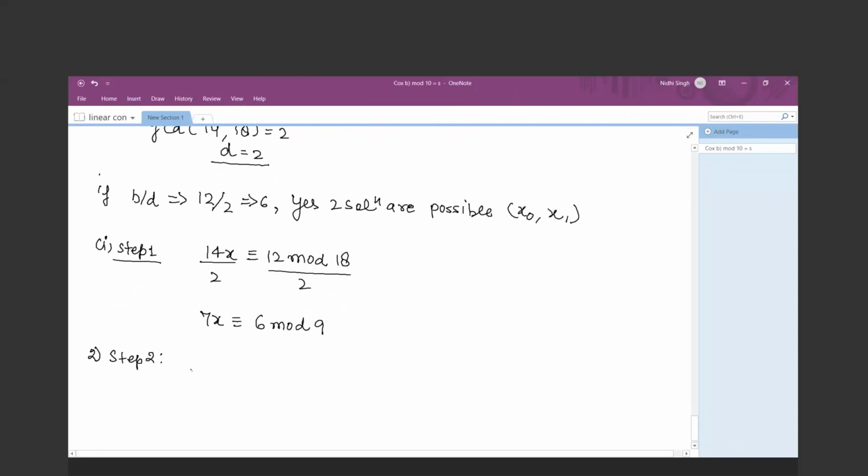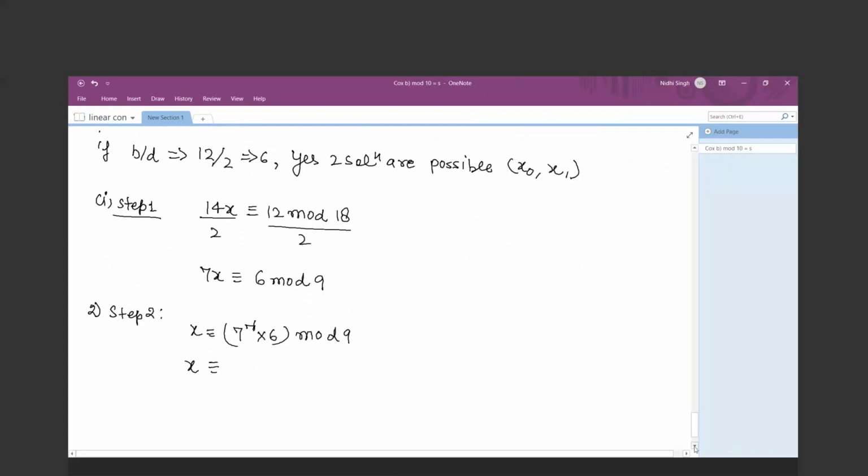So it will be x and 7 inverse into 6 and mod n. Now remember the first property that I told you, the distributive nature, in my second lecture. What was that? You have to distribute it.